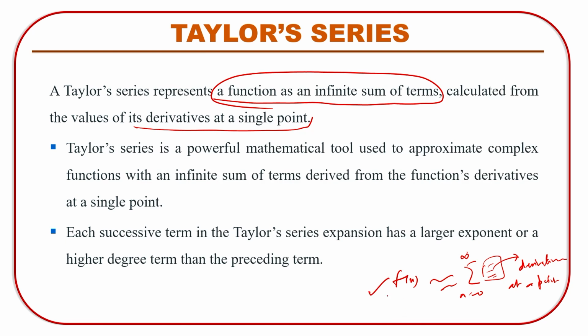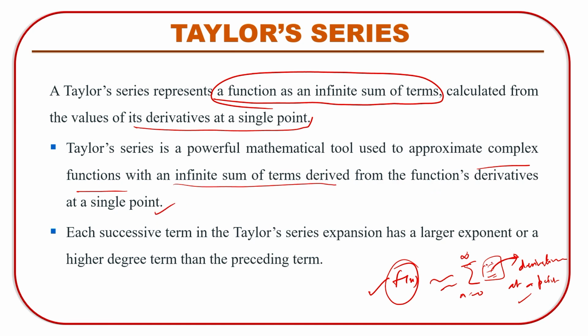So, a Taylor series is nothing but a function, a function of infinite terms, and those terms are the derivatives at a single point. It is a powerful mathematical tool used to approximate complex functions with an infinite sum of terms derived from the function's derivatives at a single point.